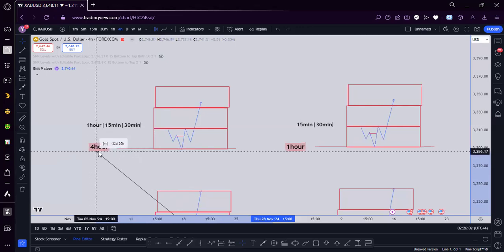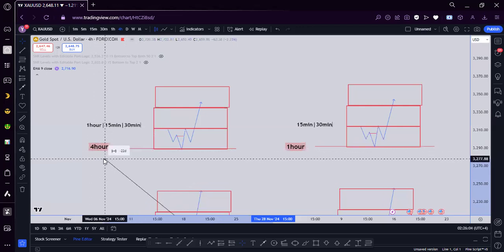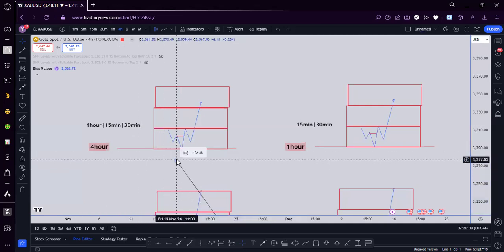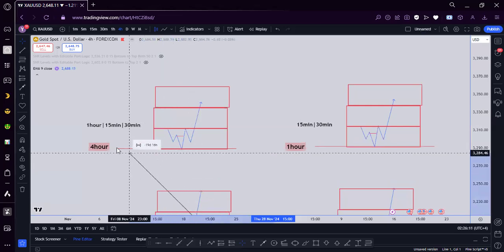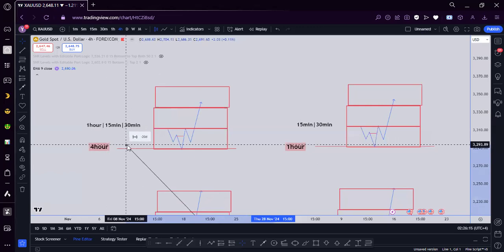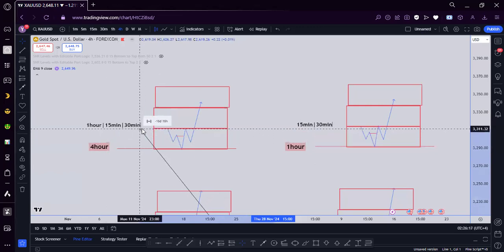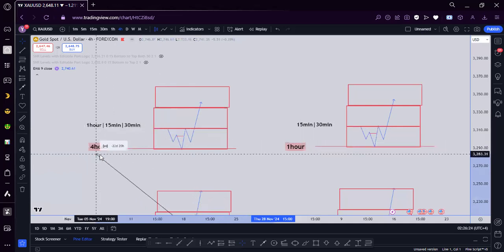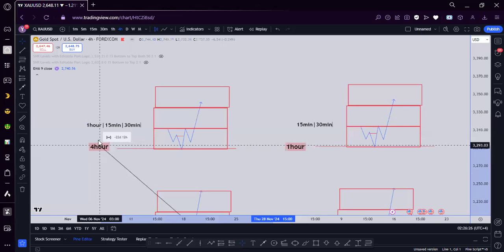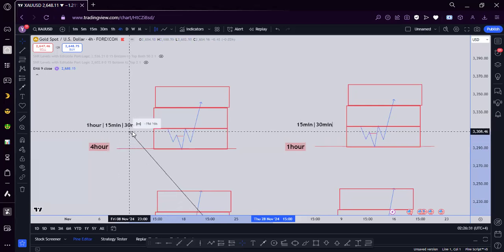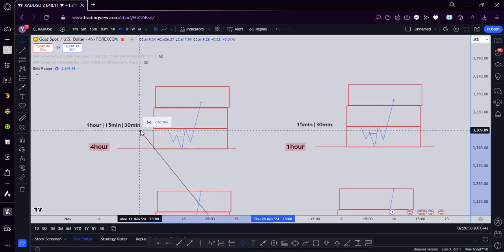So for the mini classic 4-hour storyline, we need a fresh level, and for the breakouts, we need to see a 1-hour breakout or a 15-minute breakout or a 30-minute breakout. That means for the 4-hour bullish mini classic storyline we need to see a bullish 1-hour KM or a bullish 15-minute KM, and lastly a bullish 30-minute KM.